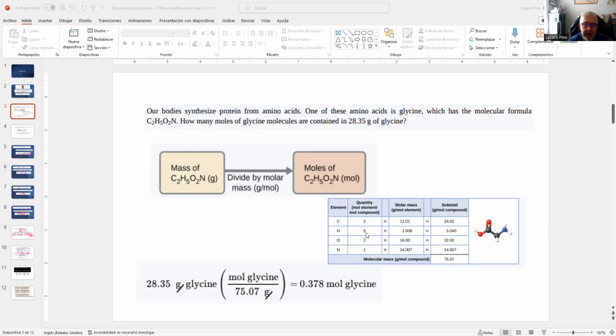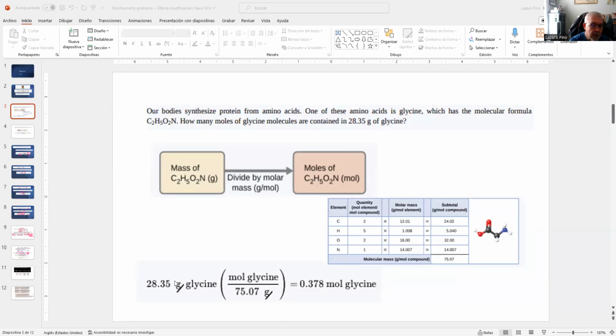If you multiply the number of atoms of each by the atomic mass that is in the periodic table for each of the elements, and later you sum all the results, you get the molar mass of this compound. Well, the problem says that you have 28.35 grams of glycine.